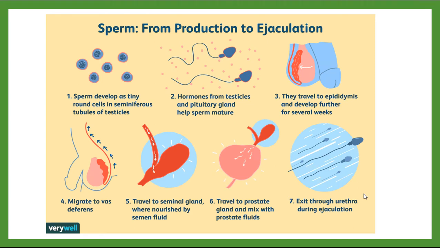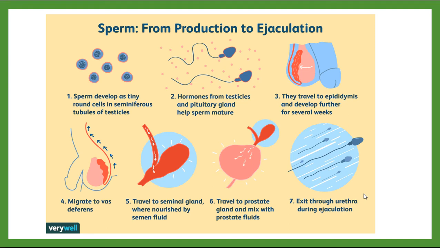But once the tubules receive the instruction of testosterone, these cells will begin to develop, begin to mature, and start to take on that feature that might be more familiar, the head, the neck, and the tail of the sperm cell. Once they're mature, they will travel to a structure known as the epididymis, which sits on the surface of the testes, and there they will continue to develop for another several weeks.